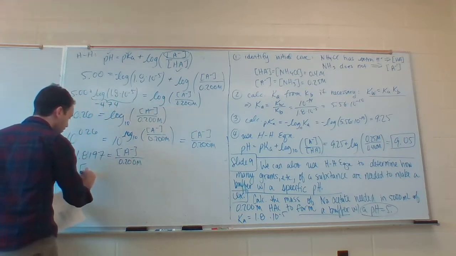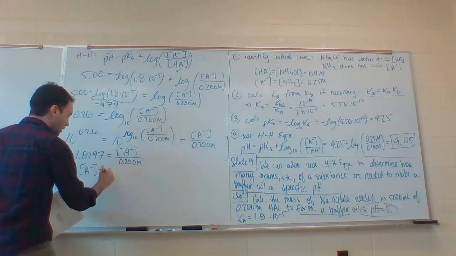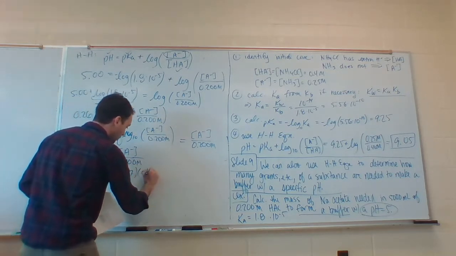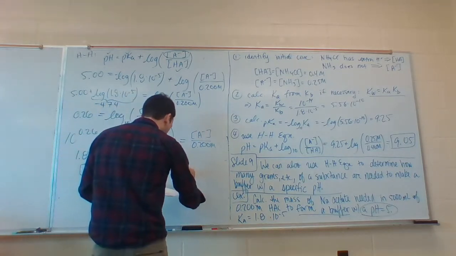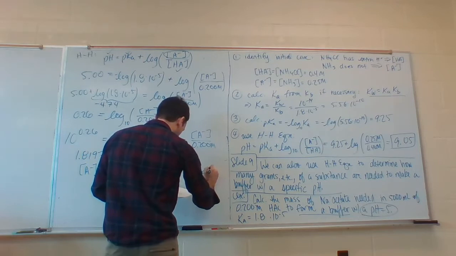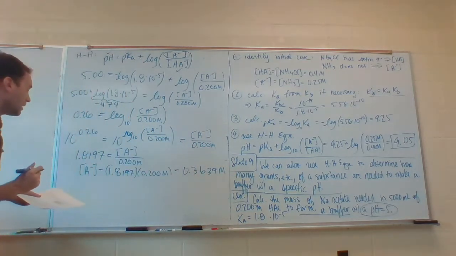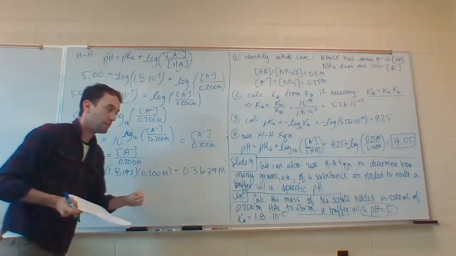So if we want our concentration in A minus, that is equal to 1.8197 times 0.200 molar, which gives us 0.3639 molar.